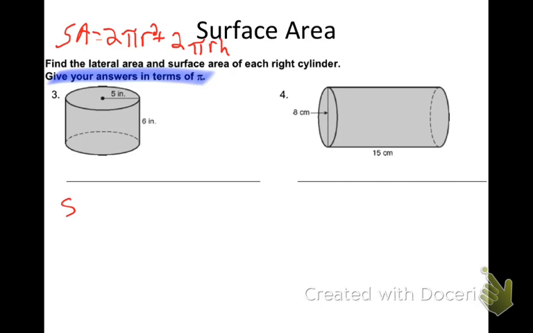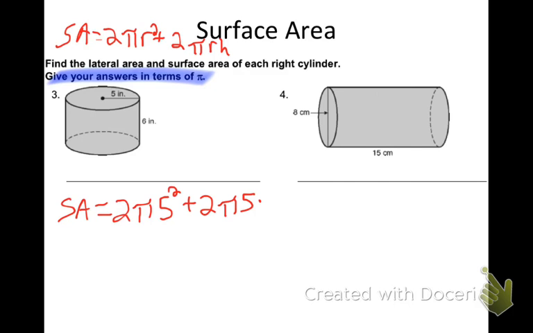So I'm going to find the surface area here. I'm just going to plug in the formula. I'm going to chug through it here. 2 times pi. What's my radius here? Times 5 squared. Plus 2 pi. What's my radius again?